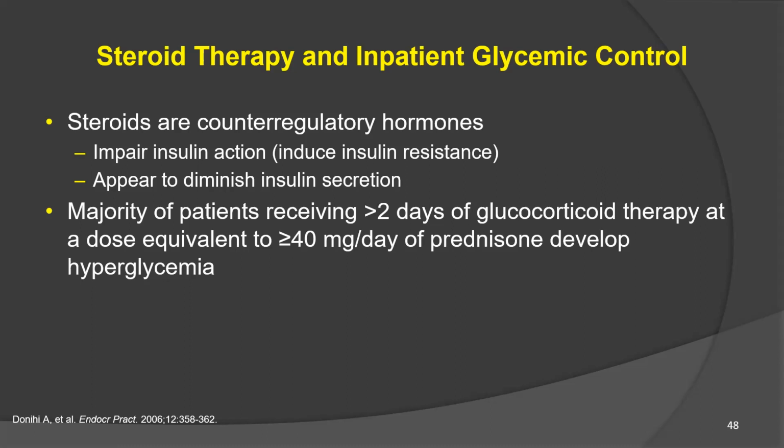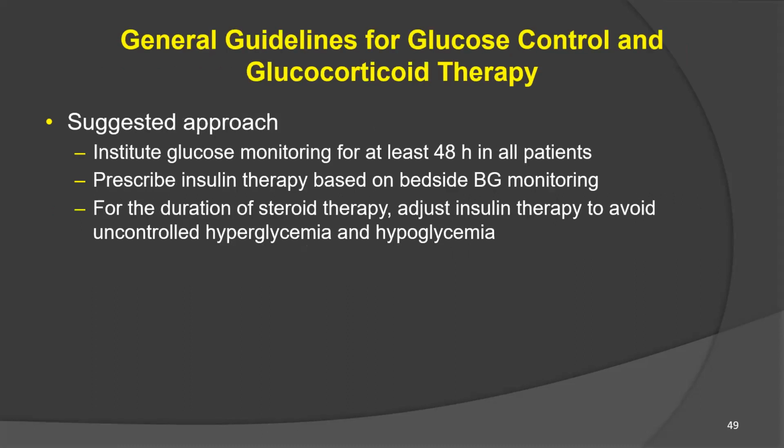So you can take this 40 milligrams per day of prednisone as your equivalent dose criterion and apply it to whatever type of glucocorticoid therapy is being used, for example dexamethasone, prednisolone, and so on. If it is more than 40 for more than 2 days, there is a chance that the patient will develop steroid related hyperglycemia.